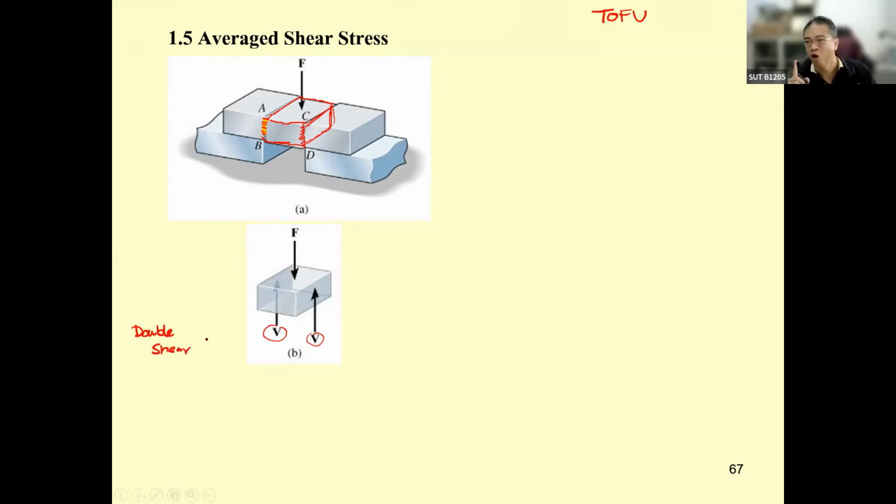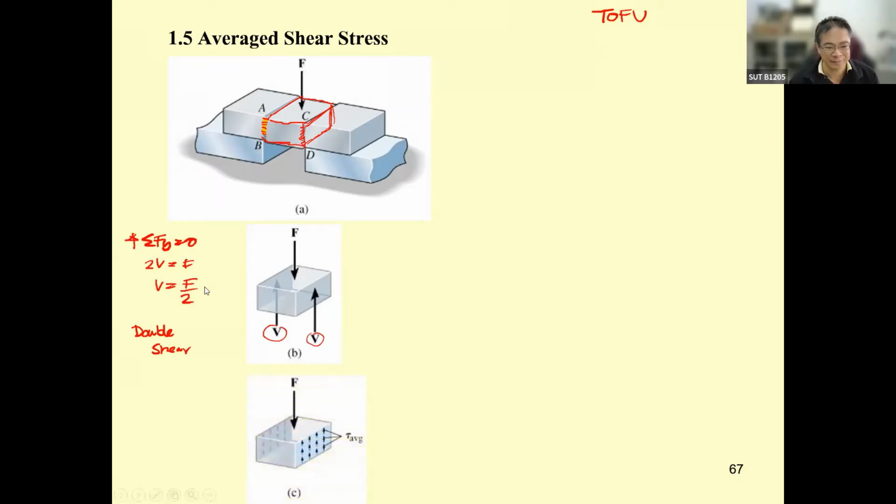There are two V, and if you do the summation of F sub y equal to 0, you have 2V equal to F. So the shear force is half of the applied force F.